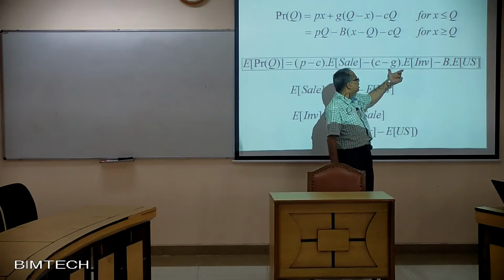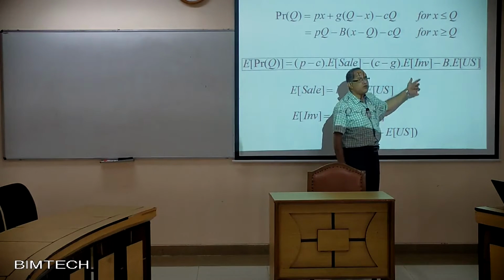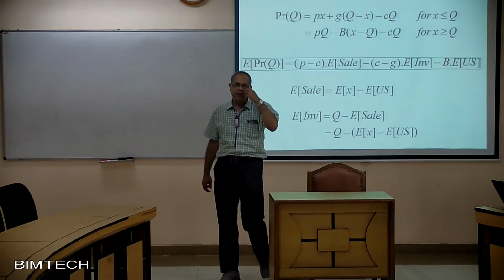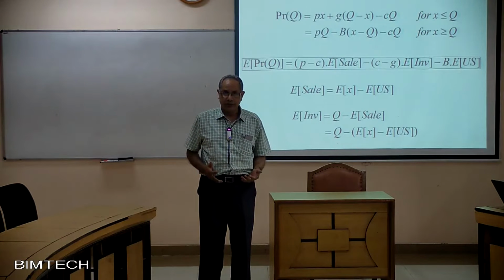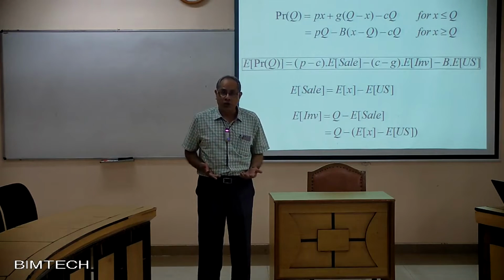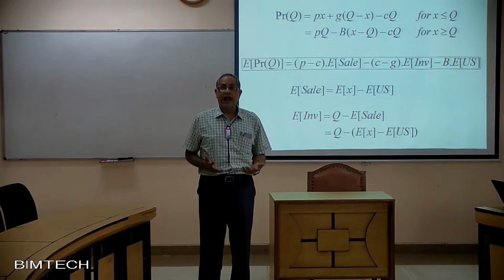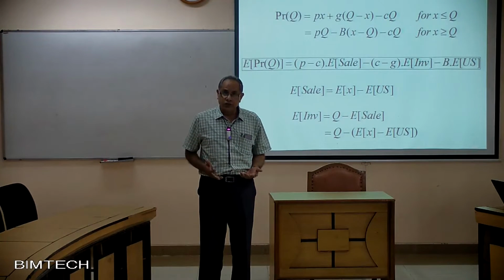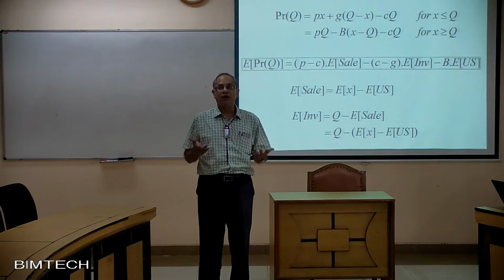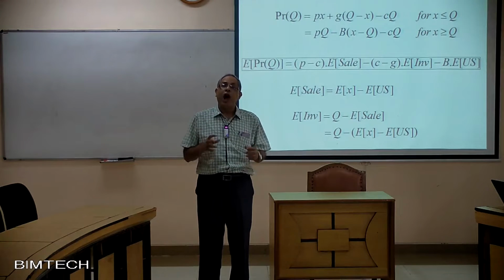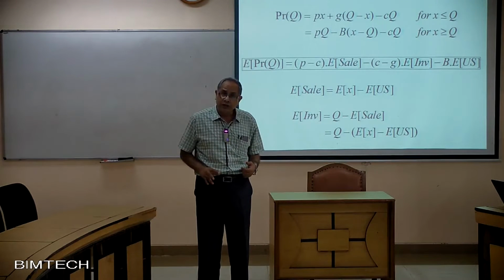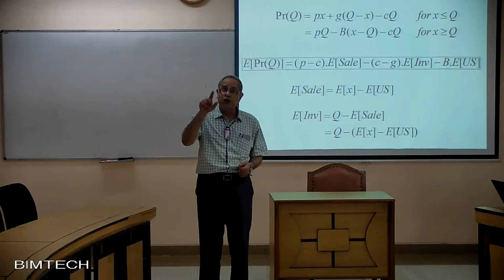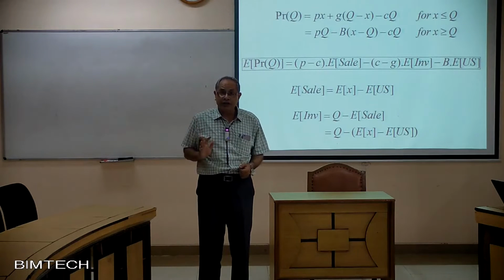Now let us come to the second term, expected inventory. Expected inventory is the inventory which is left over. This is only an average value of that leftover inventory at the end of the demand season. So what do we do with that inventory? We salvage it at a value G. And therefore, how much money do we lose per unit that we salvage? Remember, we had spent C dollars in buying one unit.